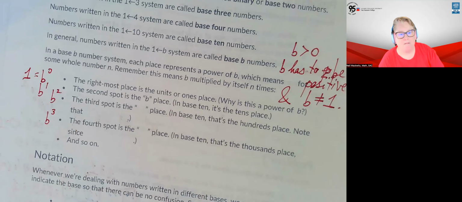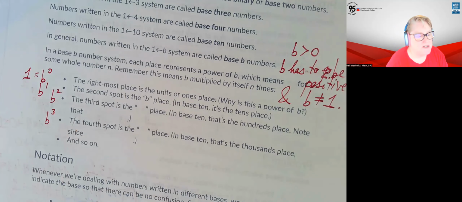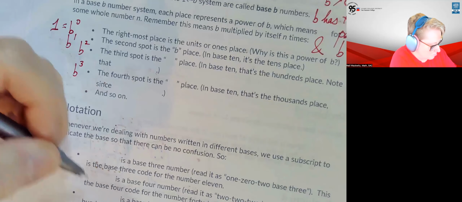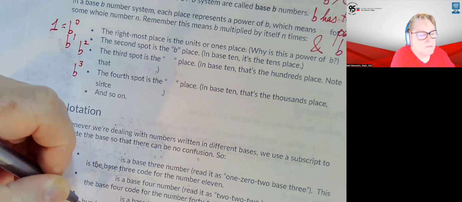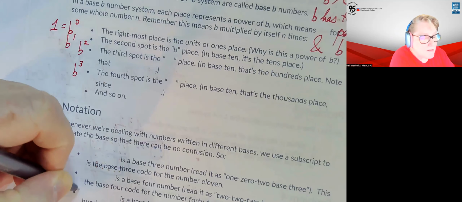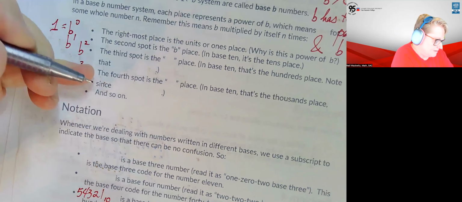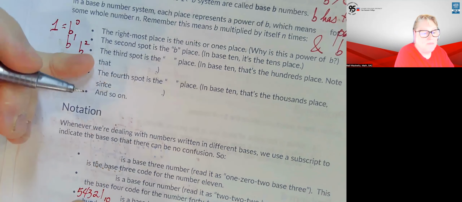Let's see. For some reason, some of this didn't print, so I'm going to cheat and go back. So it says notation. 5, 4, 3, 2, 1 base 10 is a base 10 number.